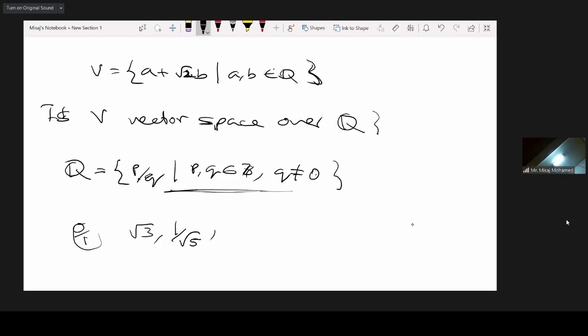All these elements. What is this? Pi, e, pi squared, pi cube, everything. These are called irrational numbers.